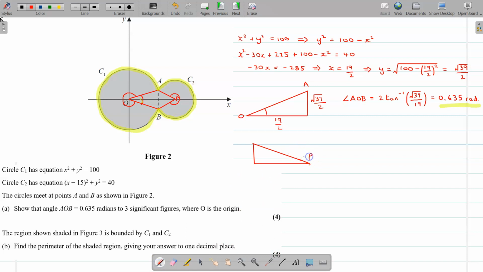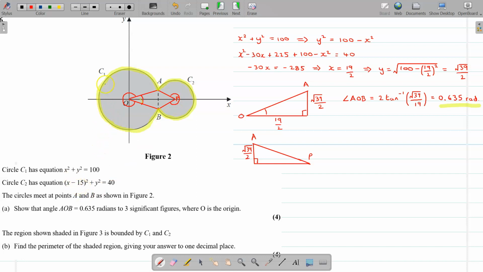Right, so that's the point P down there, this is from the smaller circle, this is the point A, and we need some lengths on here. Just put a right angle in there as well. So we know that this height here is the same, root 39 over 2, that hasn't changed, but what has changed is this distance here. You see, this point P has an x-coordinate of 15, because of the equation of the circle.